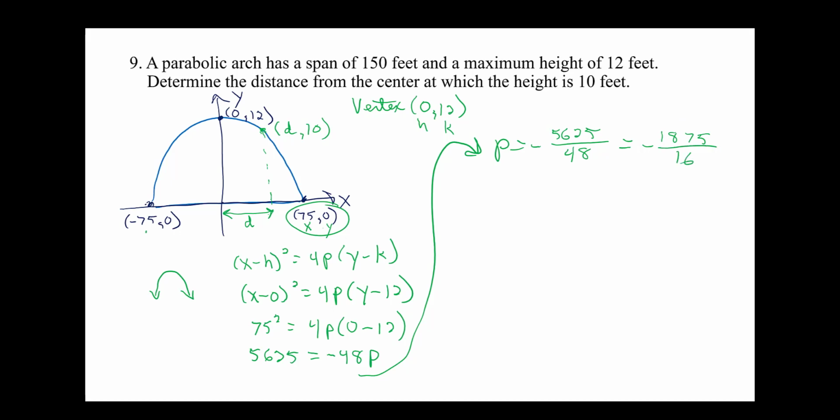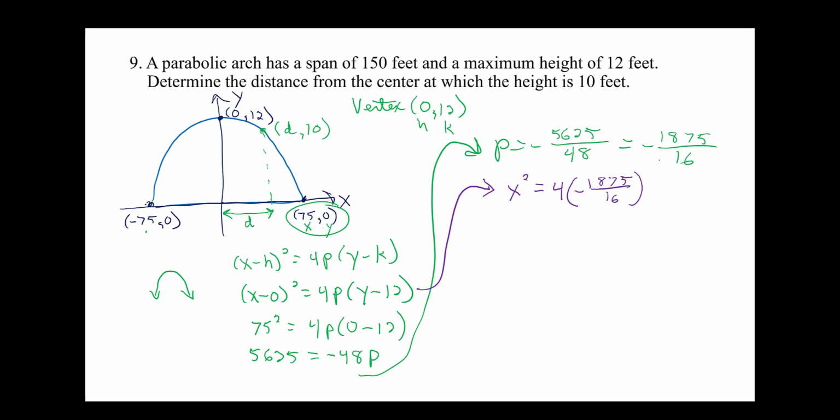And now we can rewrite our formula as, right here, we can plug in p. So we're going to have x squared equals 4p, where p is negative 1,875 over 16.